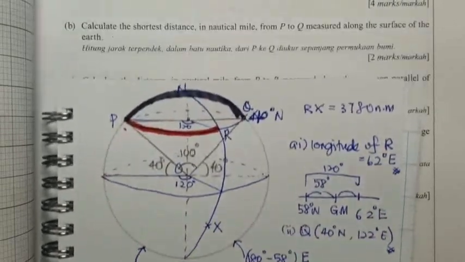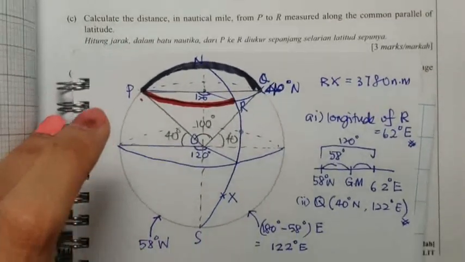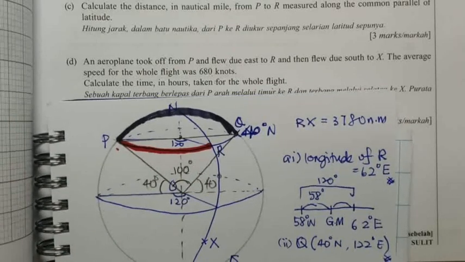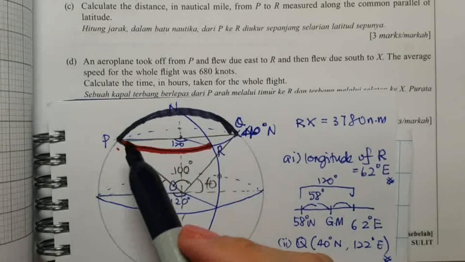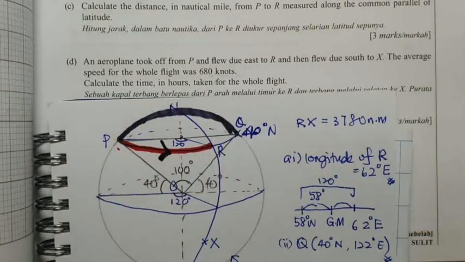Now, next, the question says, the part D, an aeroplane took off from P and flew due east to R. So from P, flew due east to R, yeah? That means from P, you fly due east over here.